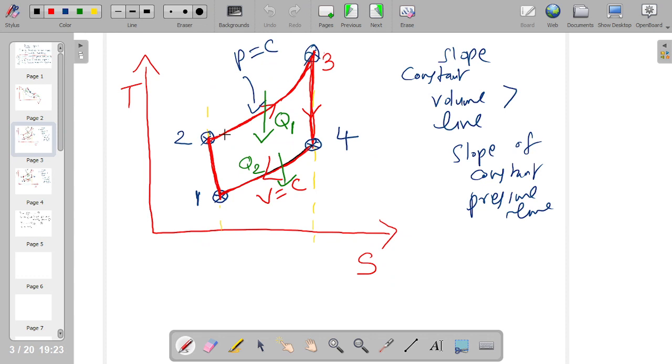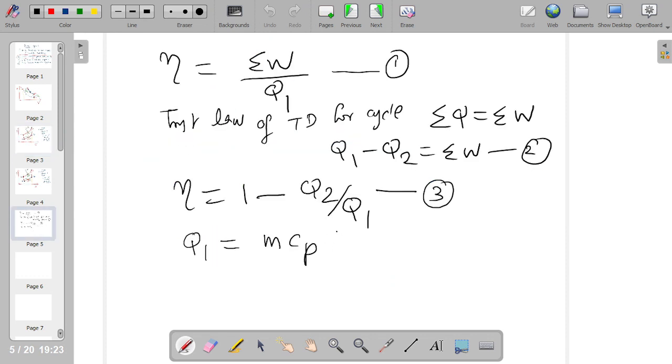The temperatures are between 3 and 2, so it will be T3 minus T2. So Q1 is mCp (T3 minus T2), that is equation 4.